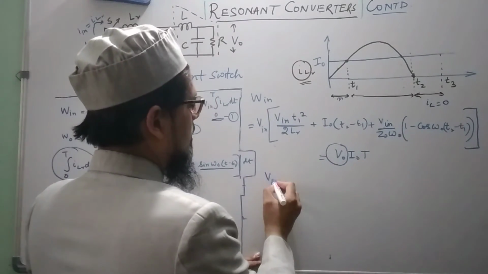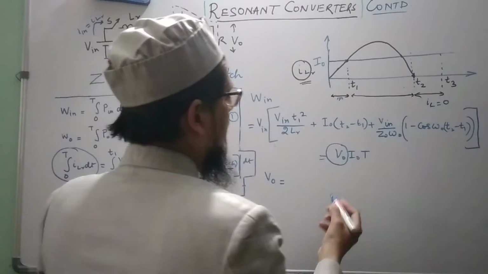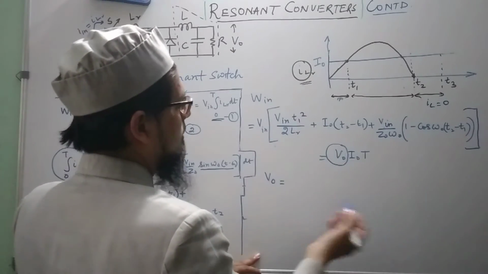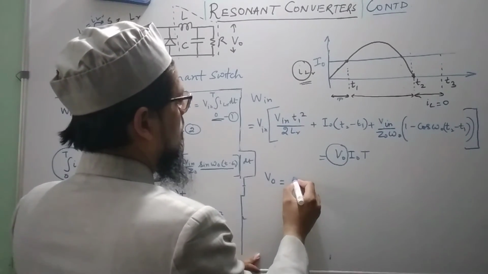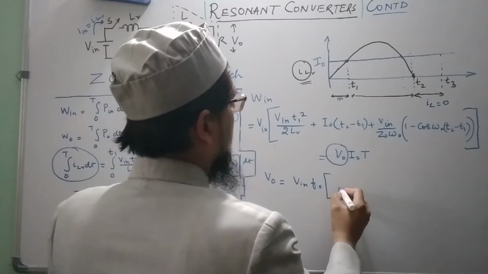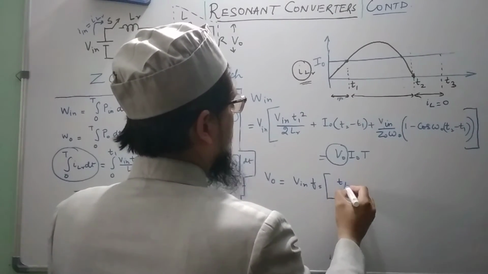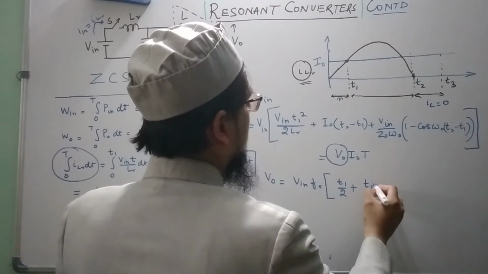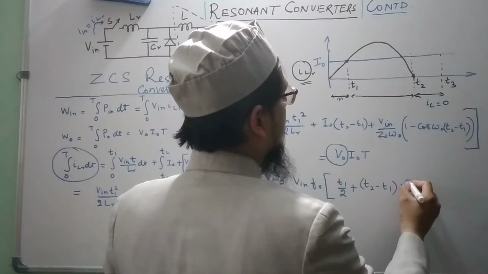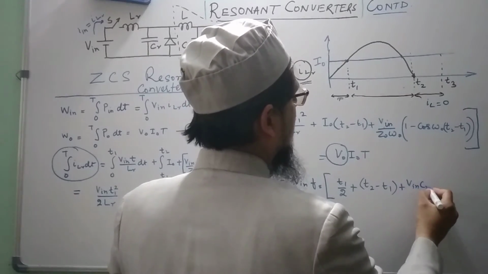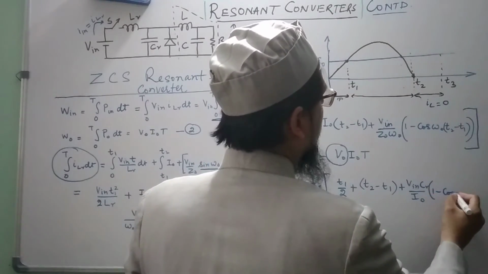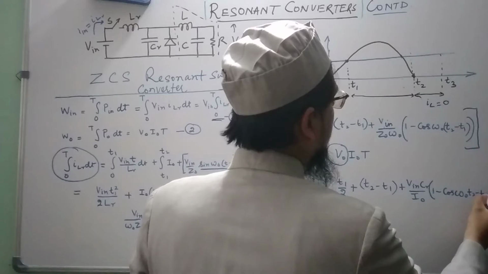So I can write V naught is equal to, finally I will get, I will bring these two on the left side. So this 1 by T becomes Fs. So let me write it down, becomes equal to V in Fs this much times T1 by 2 plus T2 minus T1 plus V in Cr upon I naught this much times 1 minus cos of omega naught T2 minus T1.